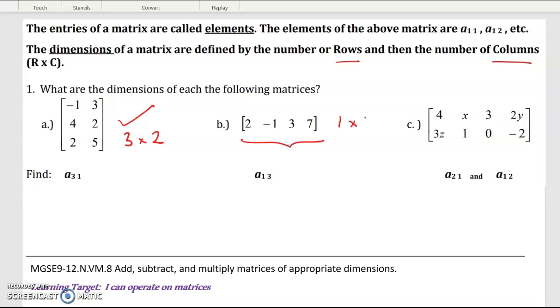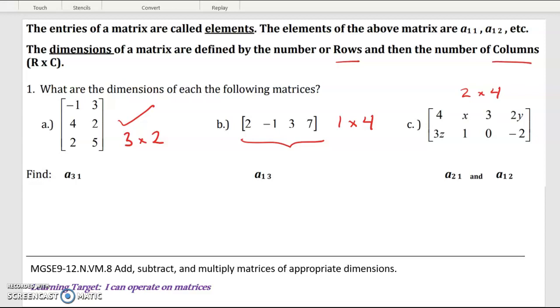It's a 1 by 4 matrix. And then matrix C, which has algebra. Yes, we will be solving matrix equations and solving systems of equations using matrices. Fun stuff. 2 rows, 4 columns. This one is 2 by 4. So pretty easy, but just know number of rows by number of columns, R by C.